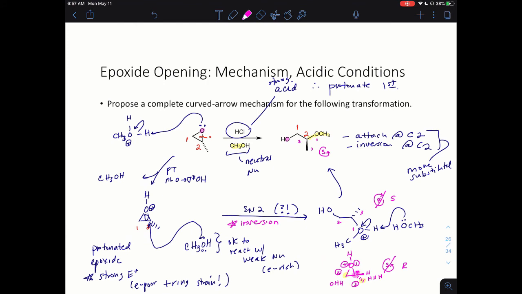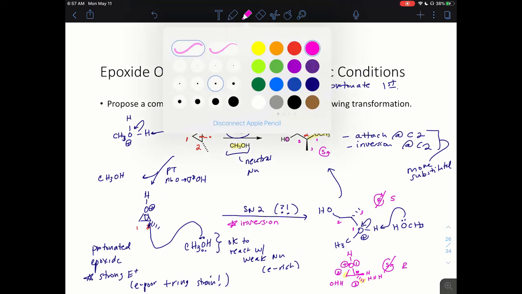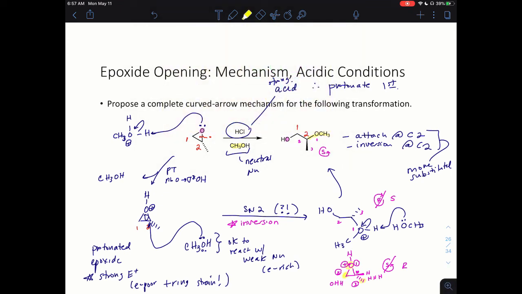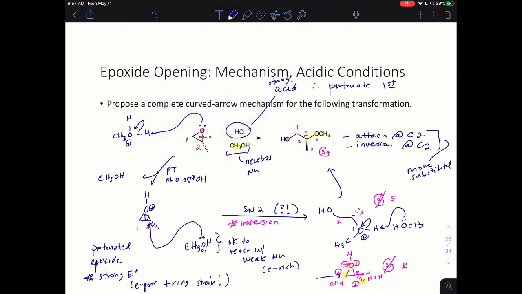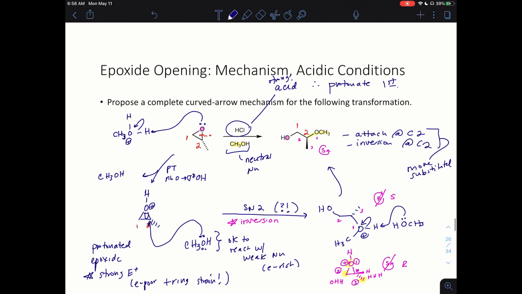So here's the stereocenter, and I've looked at the 3 atoms that are bonded to the stereocenter. So it's oxygen, and then it's these 2 carbons. The 2 carbons tie. So the methyl group down here is bonded to HHH. The CH2 group is bonded to OHH. So OHH wins. So this carbon gets second priority.